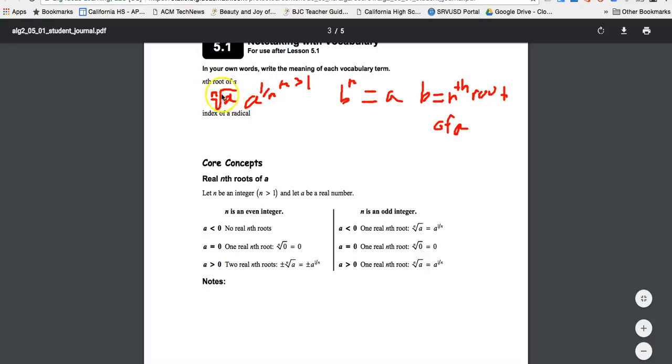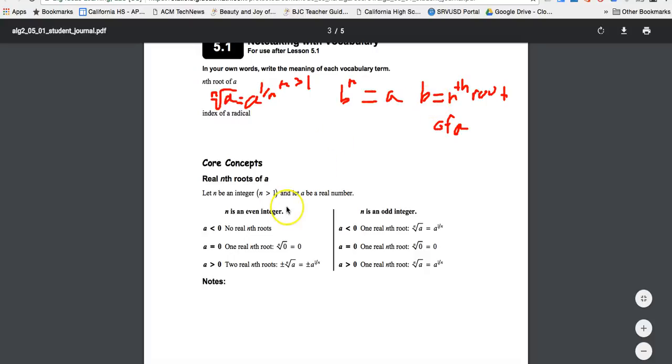Remember, if you write the square root, we learned that that's just 2 as your index. That's also written as a to the 1 over n. So what that means is we're just trying to find the value that would be our base to the n power equals a. So we're just saying b equals the nth root of a.